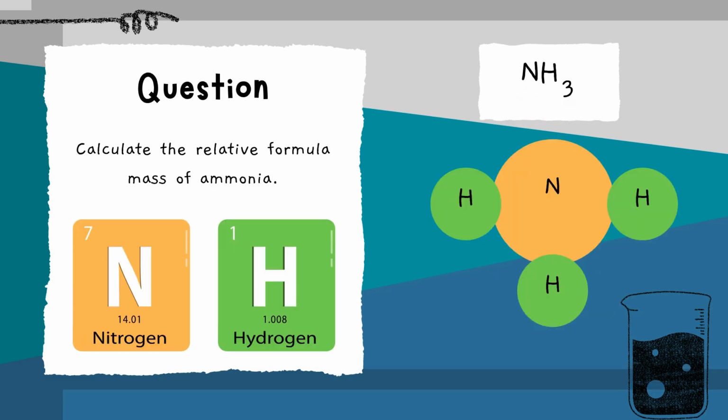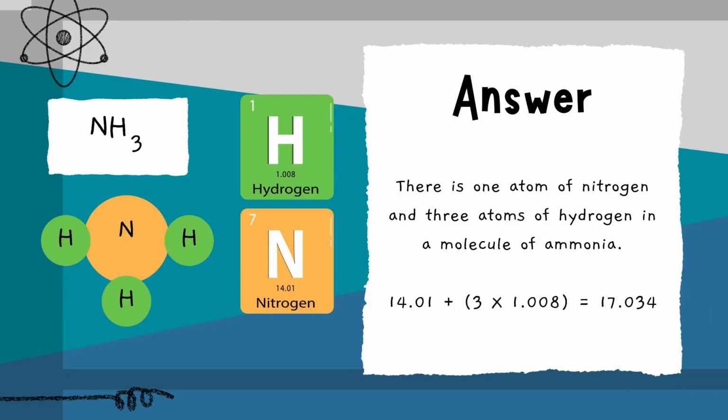Another question for you. Calculate the relative formula mass of ammonia. Ammonia has a molecular formula of NH3. Pause the video, calculate, and then check your answer. If your answer came out to be 17.034, you are correct.